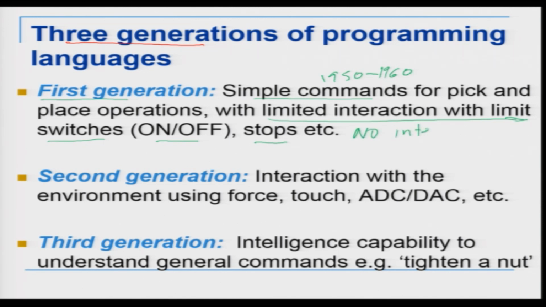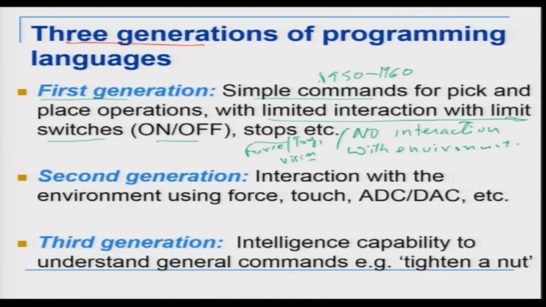This means the robot could not interact in terms of force, torque, or vision. There was no way it could use force sensors, torque sensors, inclination sensors, vision systems, etc. These were very simple systems which could simply pick and place objects and interact with on off switches.